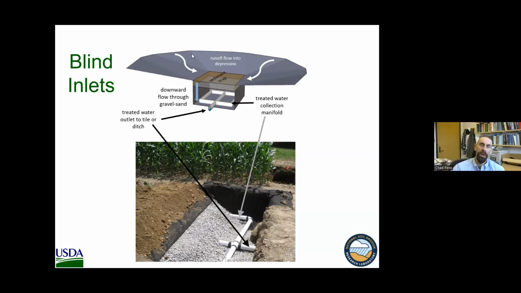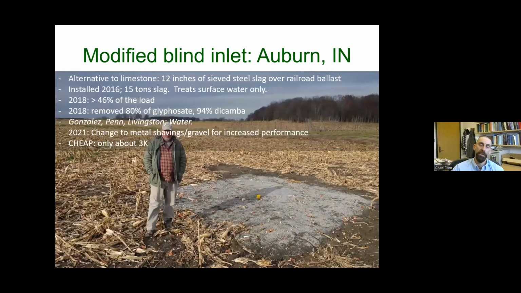You've got your depression, your pothole, runoff flows into it, and you've got your layer of gravel that traps the sediment, a layer of perforated pipe underneath it that captures that water, and that's connected to your tile system, so you're still able to drain that depression. Okay, now if you replace this gravel or amend it with a P removal media, then it has all the components of a P removal structure at that point.